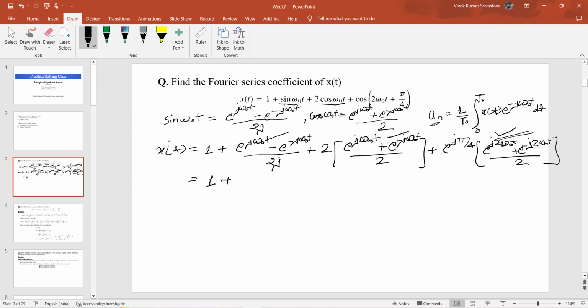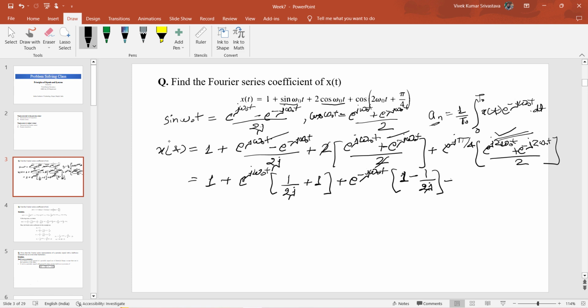So this will be equal to 1, and now we can take e raised to the power j omega naught t as common. From here we will get the factor 1 over 2j, plus 1. Then for e raised to the power minus j omega naught t, we take the factor 1 from this term, and from this term we get minus 1 by 2j.